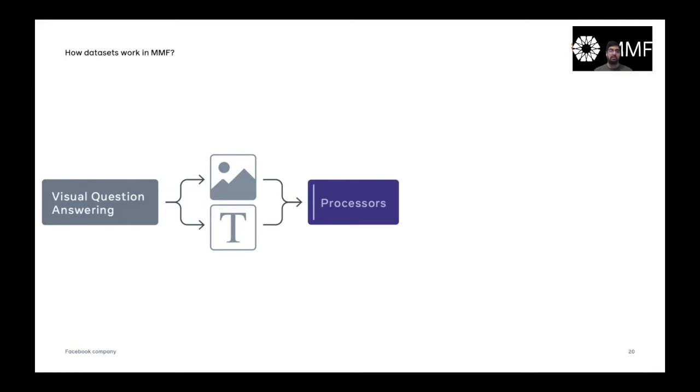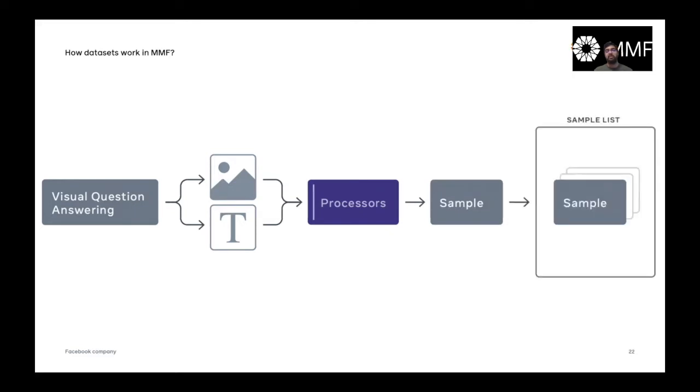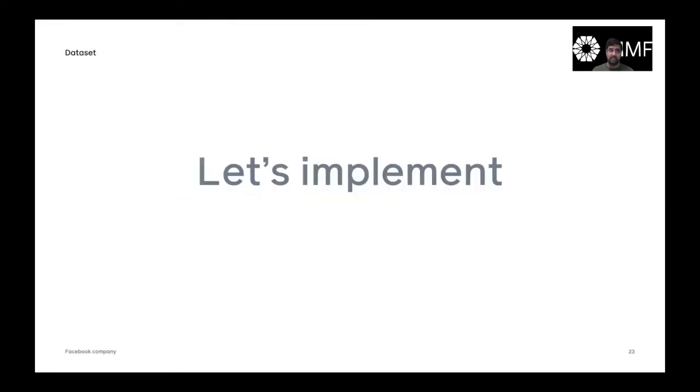Some examples from other frameworks are torchvision transforms, which are the same kind of reusable set of processors that can be used anywhere. So the data goes through a bunch of processors to come into the format that MMF models can accept. You pass them into a sample, and then a list of samples creates a sample list, which is sent to the model. So let's start implementing this dataset inside the Colab.